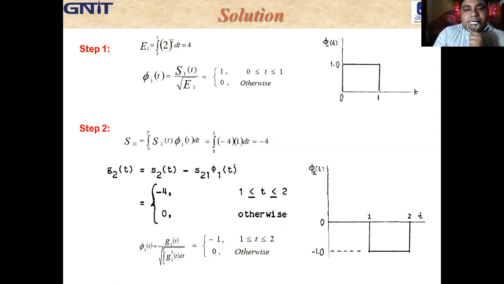Then we can easily determine the second basis function, which is G2t divided by the root of the integration of G2 square t dt. If we calculate it, it will be minus 1, where t belongs to 1 to 2, and otherwise it will be 0. So we can construct the second basis function phi 2t in the figure, which exists between 1 and 2 and has an amplitude of minus 1.